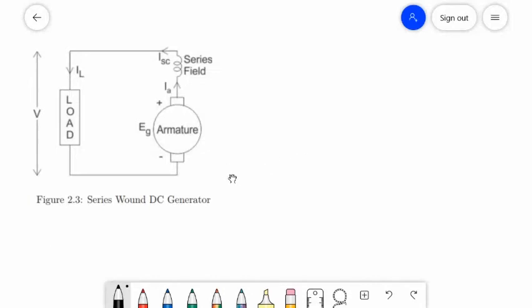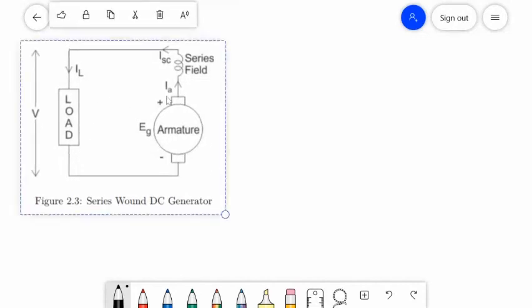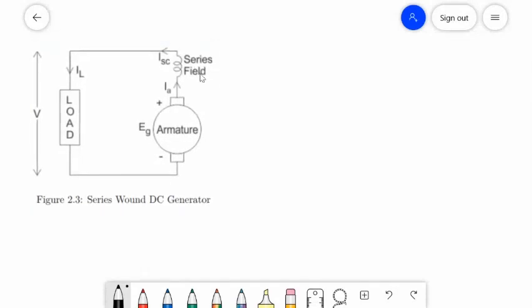Such generators are rarely used except for special purposes such as boosters. So as you can see here, the series field of the DC generator is in series with the generator.